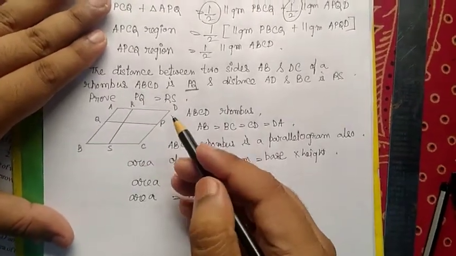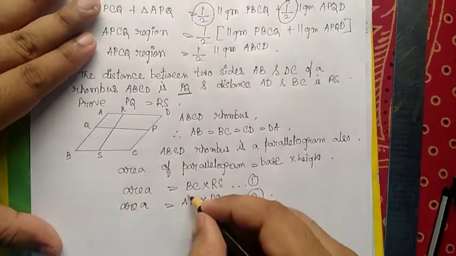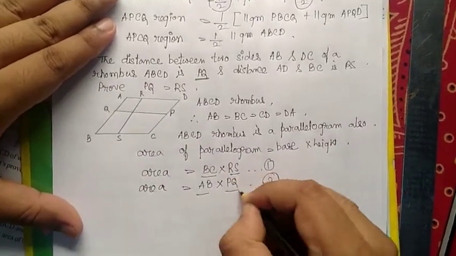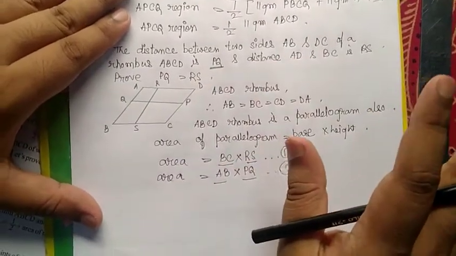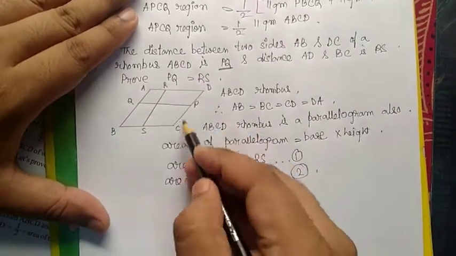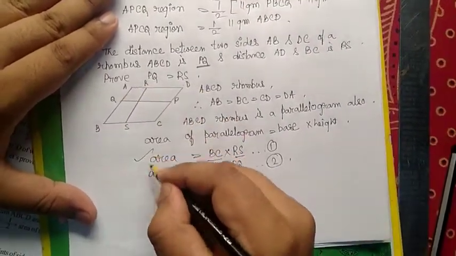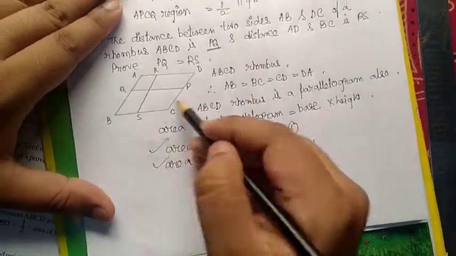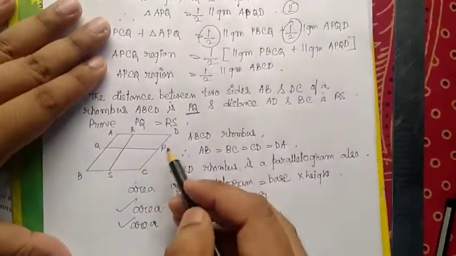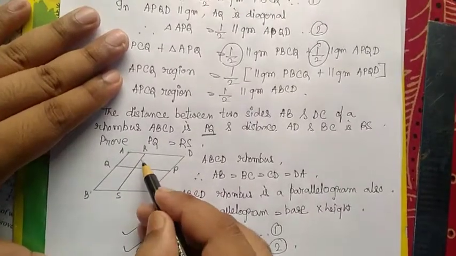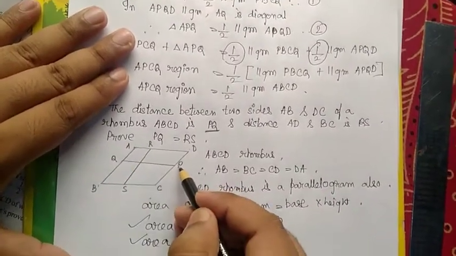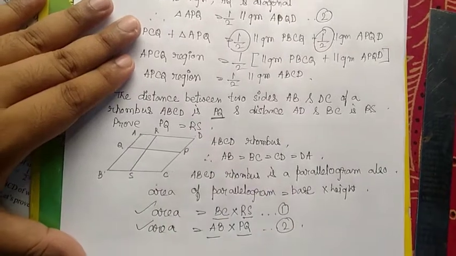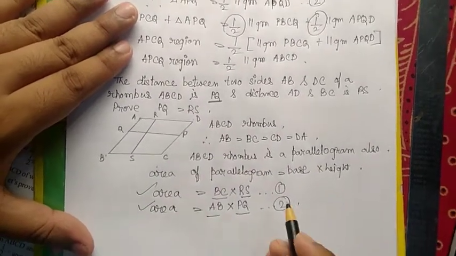Now the area is always equal in both cases, because only one rhombus is given here, and whether this is the base and this the height, or this is the base and this the height, the area is always equal.